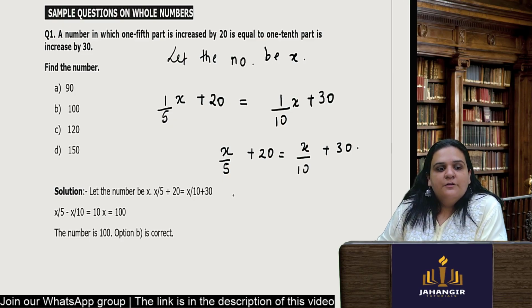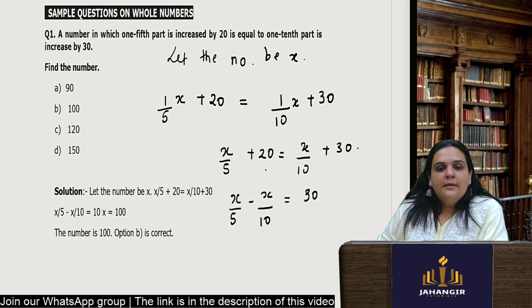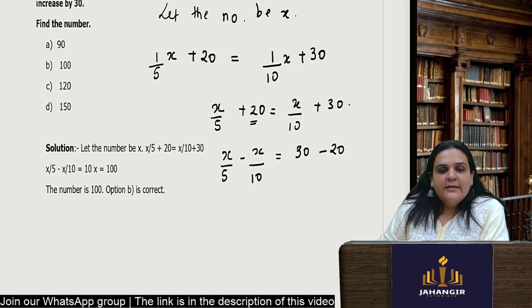Now you have to solve this. You can say x upon 5 minus x upon 10 will be equal to 30 minus 20. I am taking the 20 to the other side, so it will be minus 20.